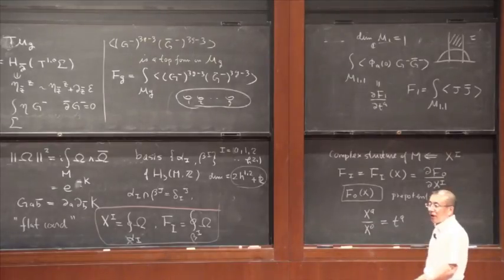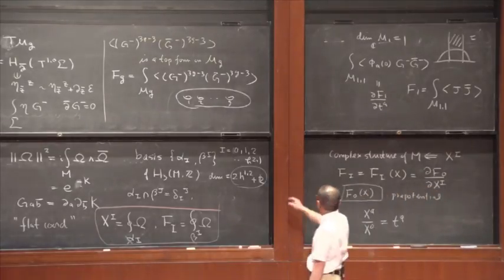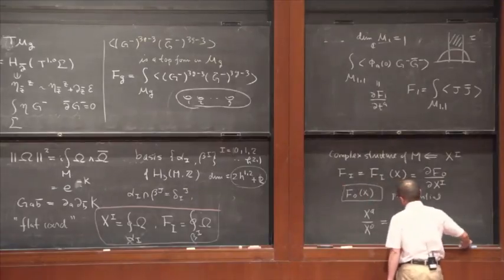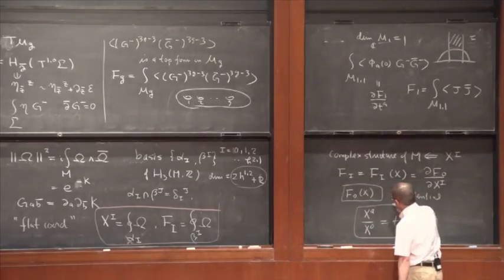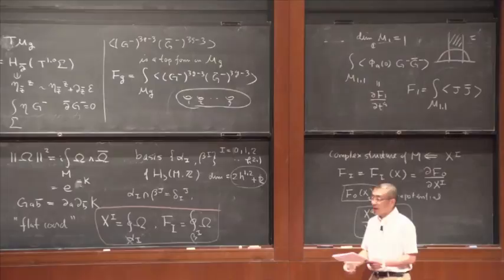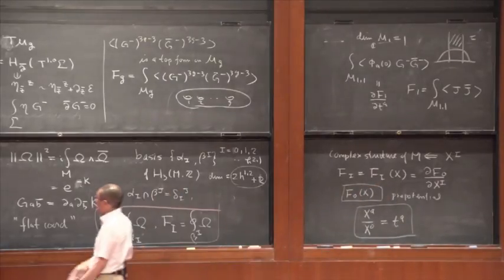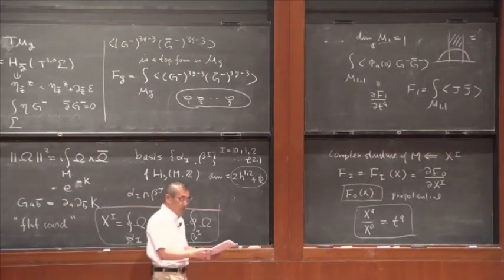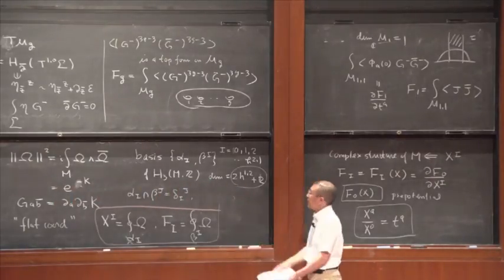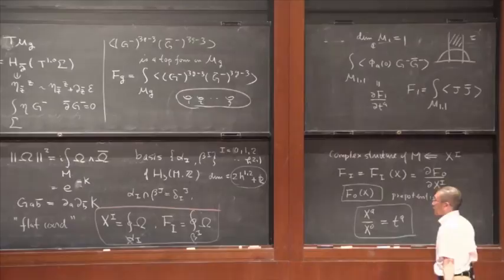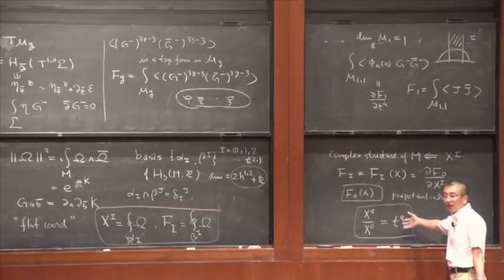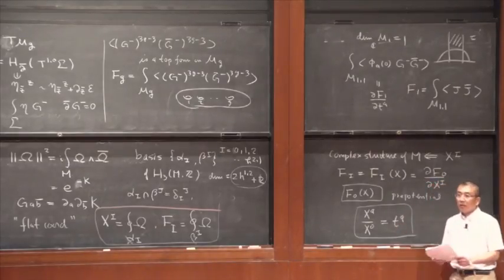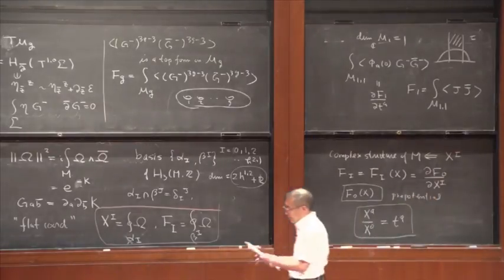Very often you have a natural choice for x naught, and that gives you the flat coordinates. So the flat coordinates that I'm going to be discussing, and the ones that will appear in this kind of perturbation, are actually the ratios of these periods. So we can compute them very explicitly. And when we discuss mirror symmetry, mirror manifolds, etc., this flat coordinate becomes particularly important.